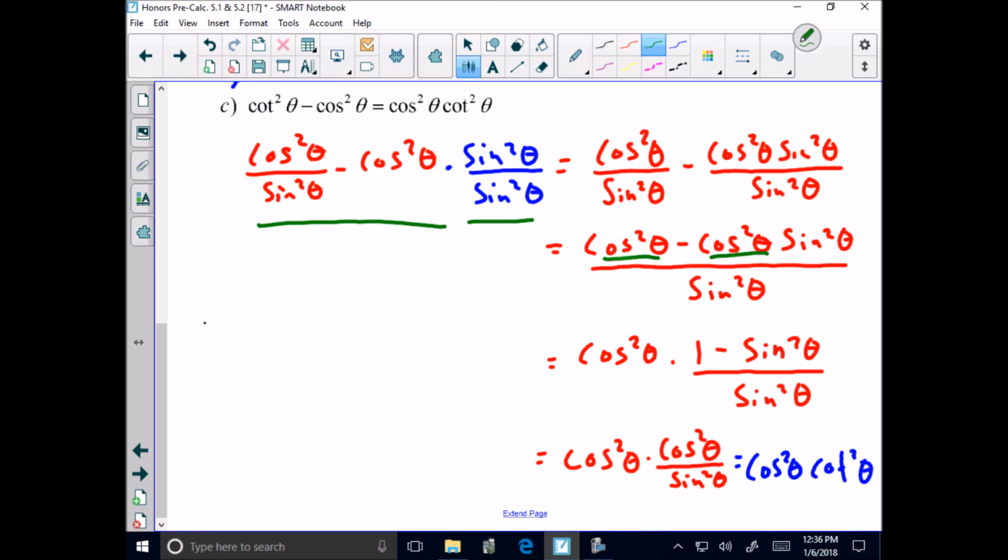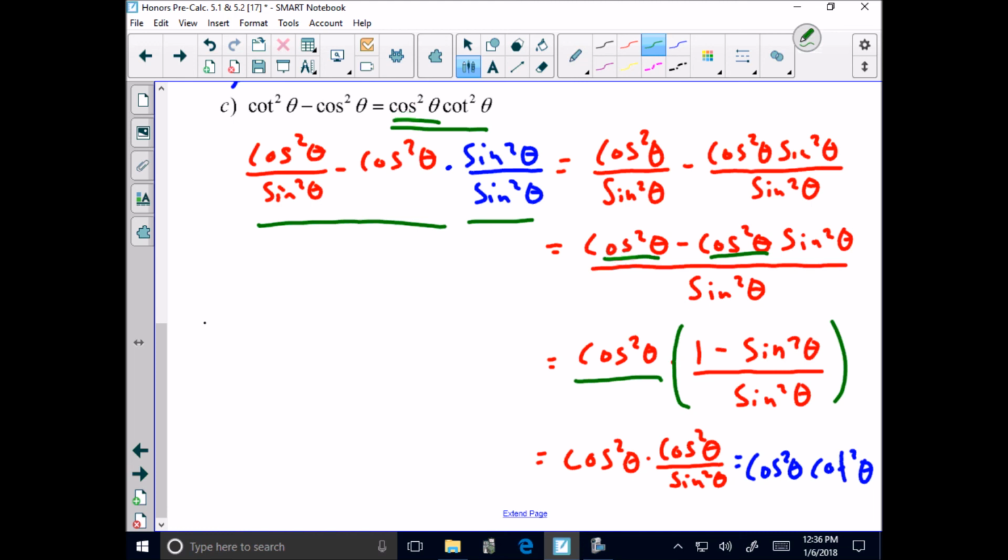Now in my target expression, cosine squared theta is a multiple of the target expression. So in general right here, if I've got cosine squared times an expression, I'm closer to that target expression that I'm looking to get to, right? So what I did was I factored cosine squared theta right out of the whole fraction so that I had this piece of my target expression already set aside.